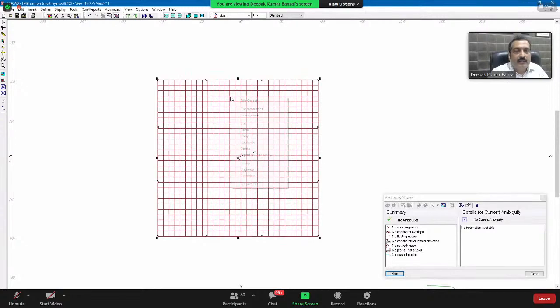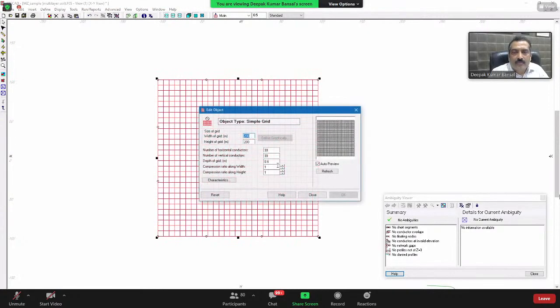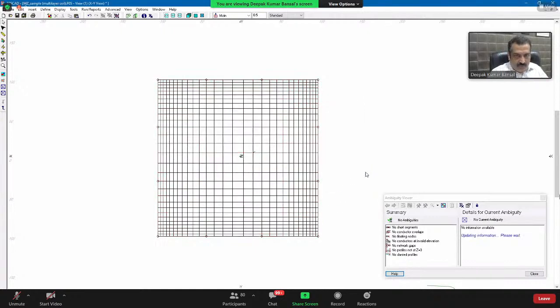But in software, we can compress the ratio. We have a compression ratio, and we can compress the grid along the edges, because we face more problems at the edges, touch and step voltages. So we can compress the grid with relation to your central portion. So that we can do.